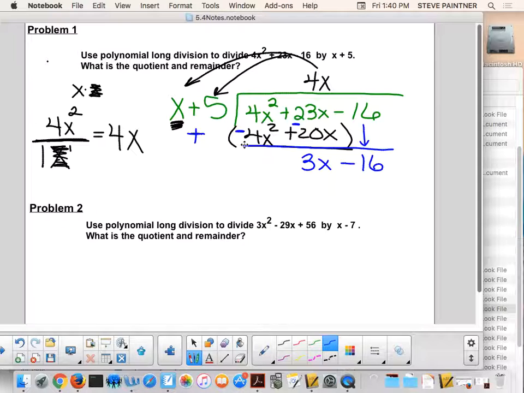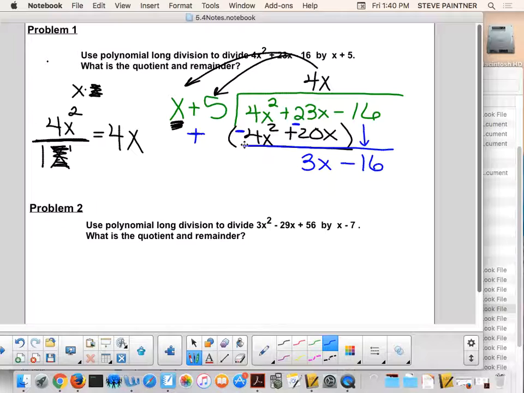Will they always be like two of the same? This one right here, those two? Yes, always. The A and the B term under the divisor, like 4x squared and 23x, will they both be positive or negative? Always positive. Do you get what I'm saying? Not really.